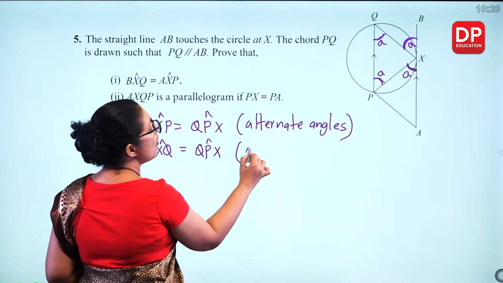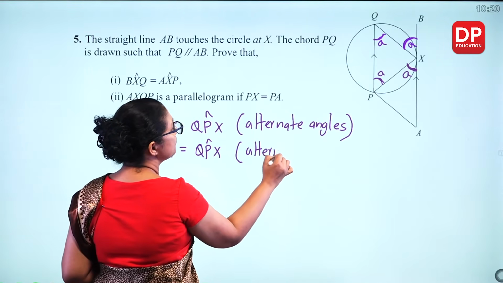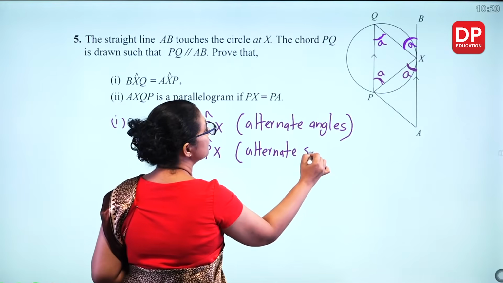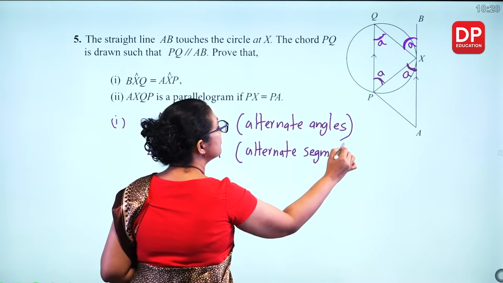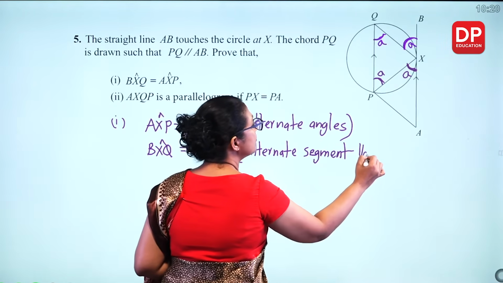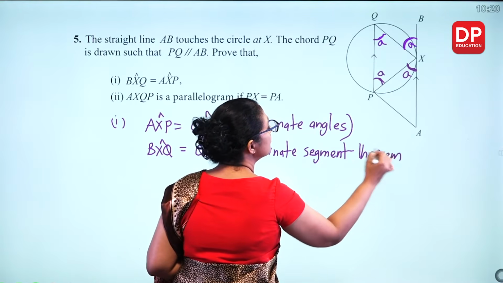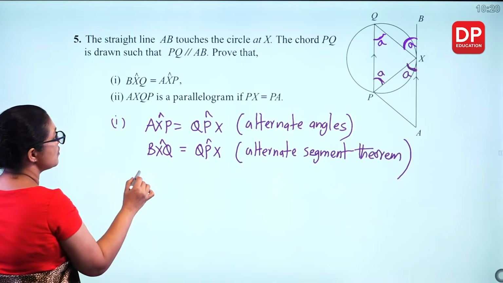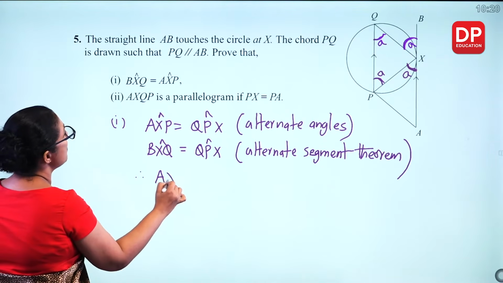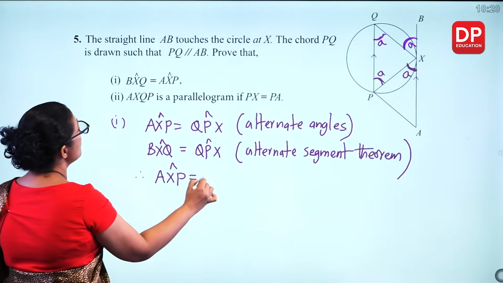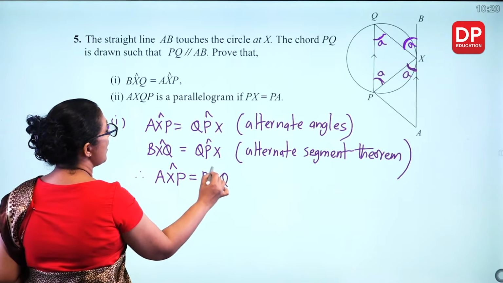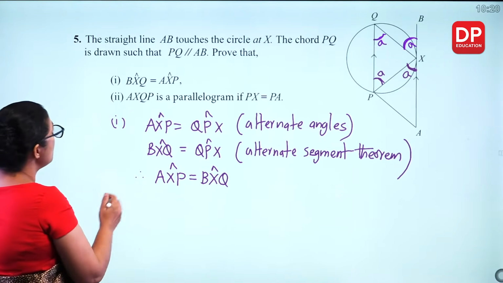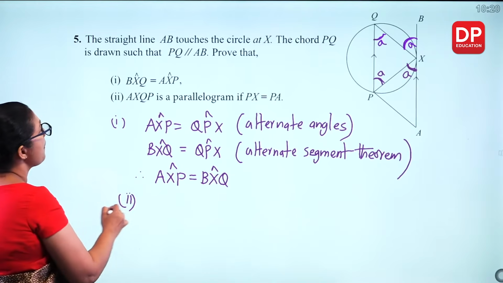That's alternate segment theorem. So these two sides are equal. So therefore, AXP angle is equal to BXQ angle.